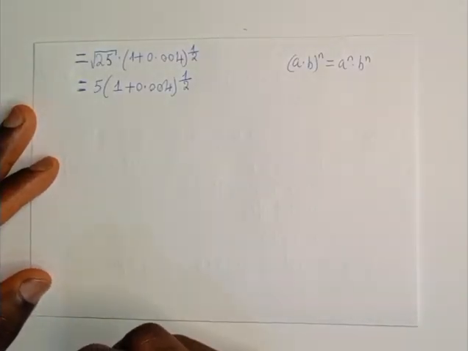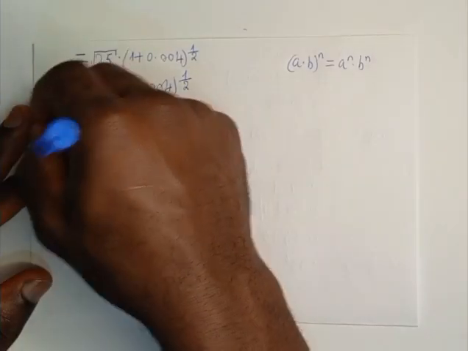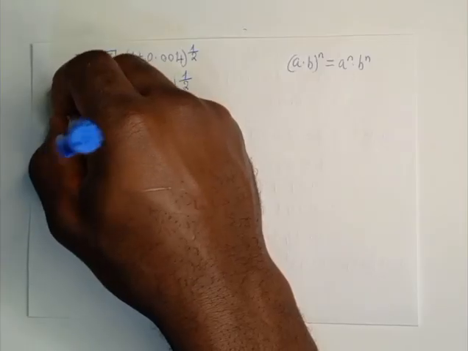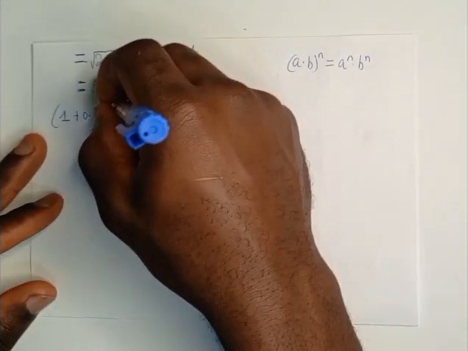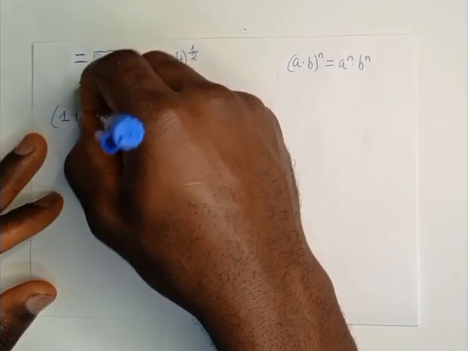Now the next thing we have to do is expand 1 plus 0.004, all this raised to the power a half.